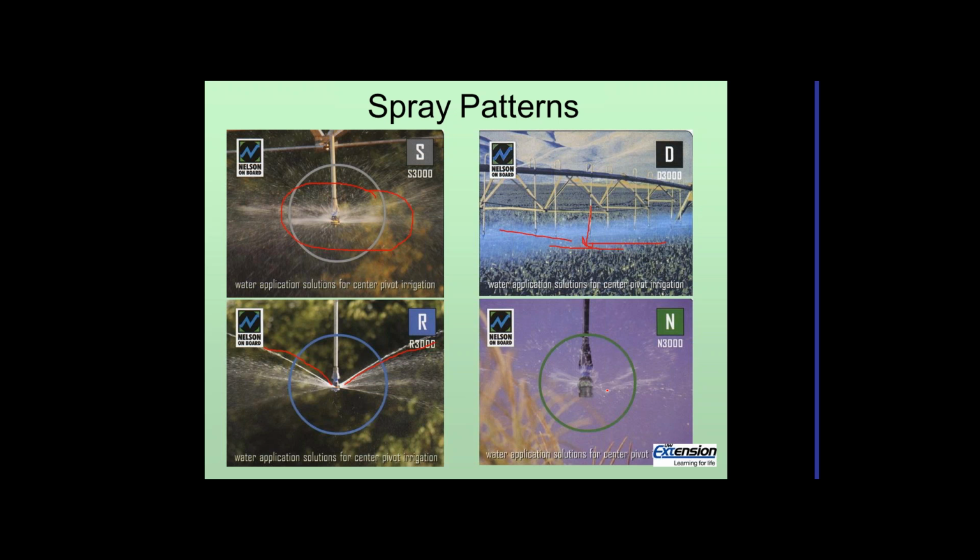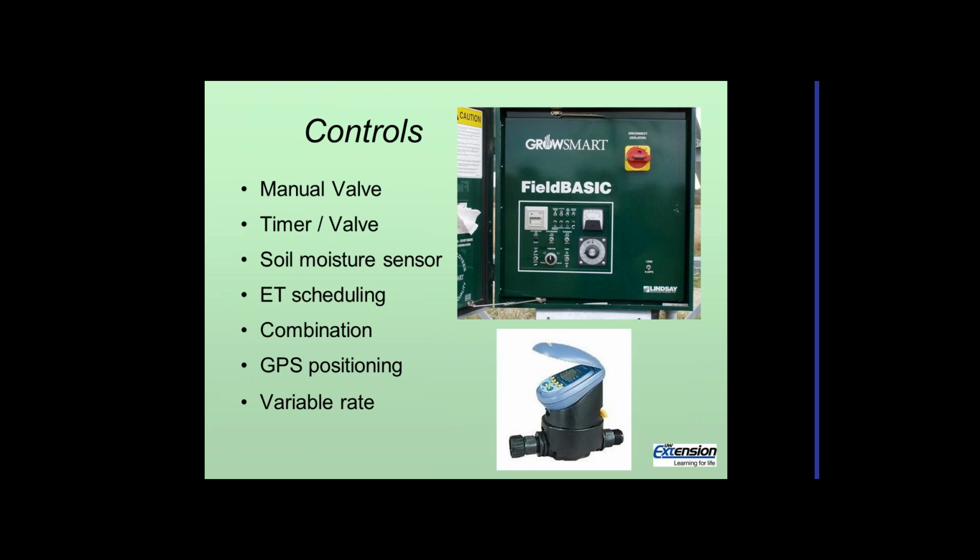Kind of goes around, puts out some bigger water droplets, basically to fight wind in many cases, and provide a more even water pattern. If you got a question on which type to use, the different companies have selection criteria to help you choose, or your irrigation dealer would be a good choice depending on the type of system that one uses.